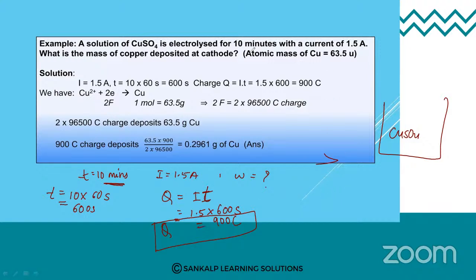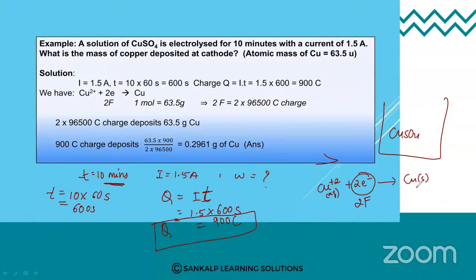Now we know that at the cathode, reduction takes place. So reduction means Cu2+ plus 2 electrons gives you Cu solid. Now here, how many Faraday are used? Here 2 moles of electrons are passed, so it is 2 Faraday.